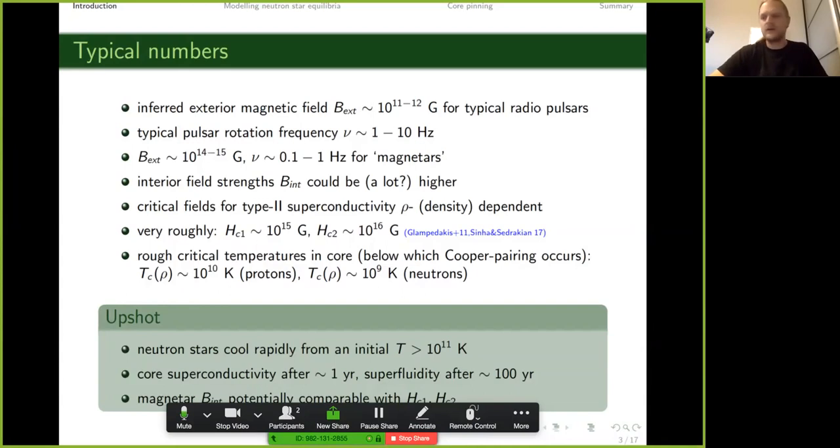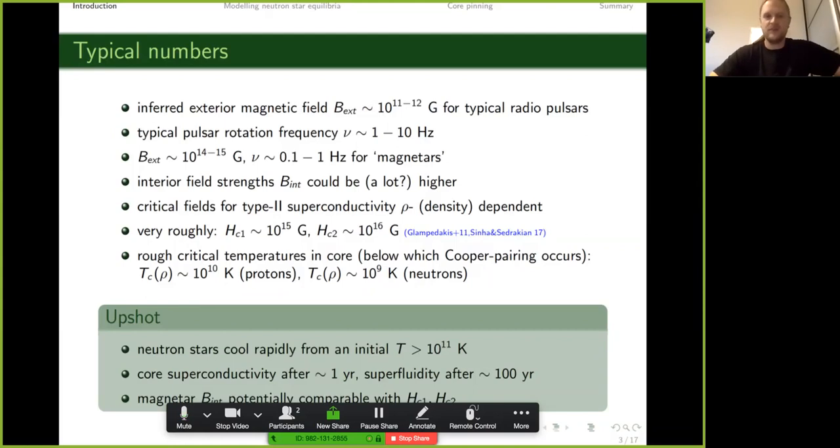So I think that broadly the type 1 region would come at higher density. The observations of heavier neutron stars push us towards any type 1 superconducting region being much further into the core. But yeah, one certainly could have an inner core like that.